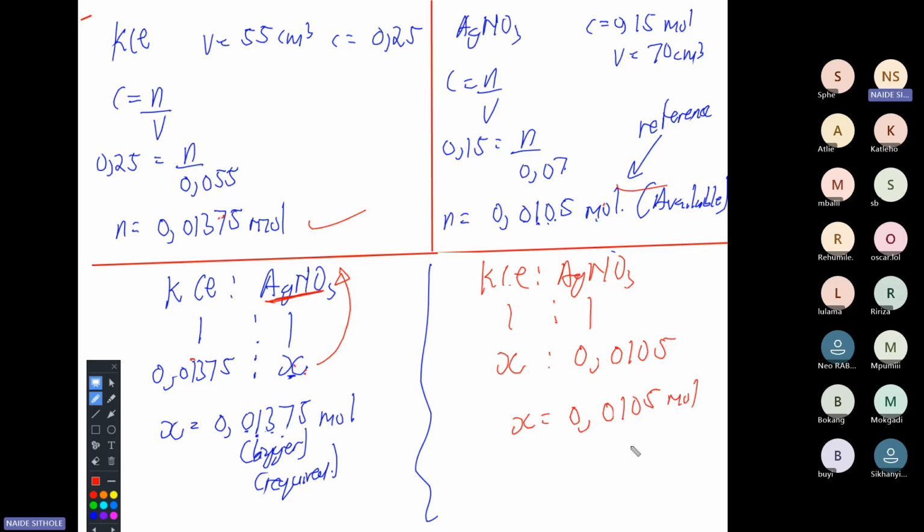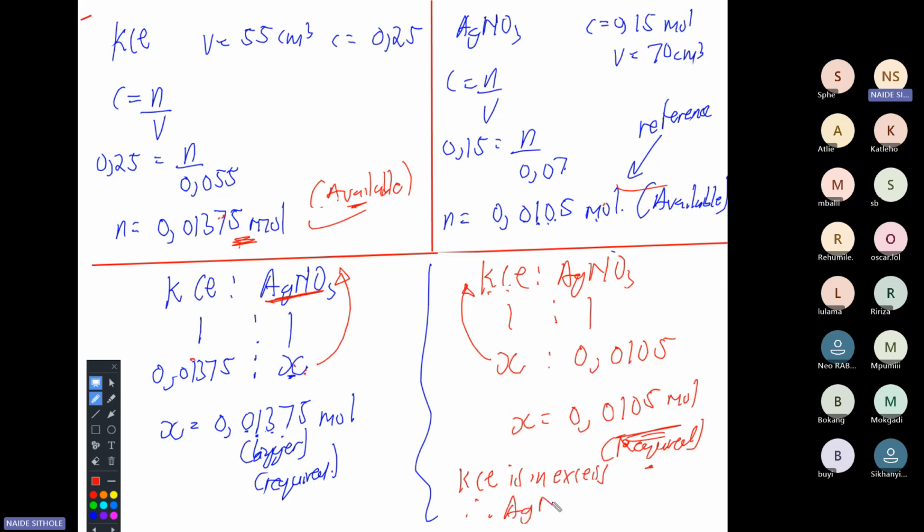But then I compare this number to which one? To KCl. So this would be the available and this would be the required. Now, if I check this, I would see that what I have available is actually greater than what is required. Then my conclusion would be that KCl is in excess. If KCl is in excess, therefore it means again AgNO3 is the limiting reagent.